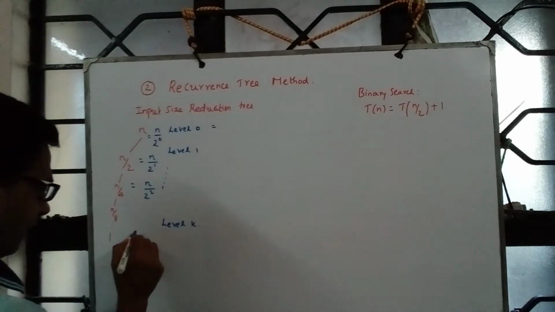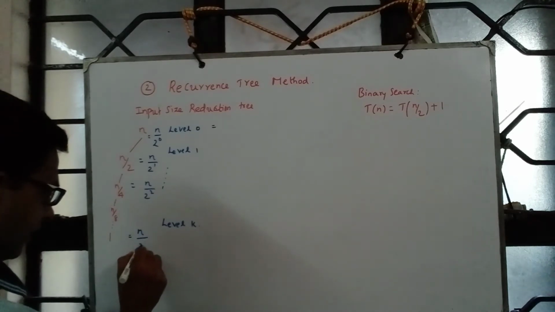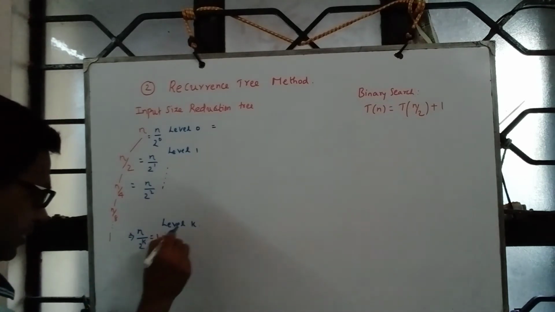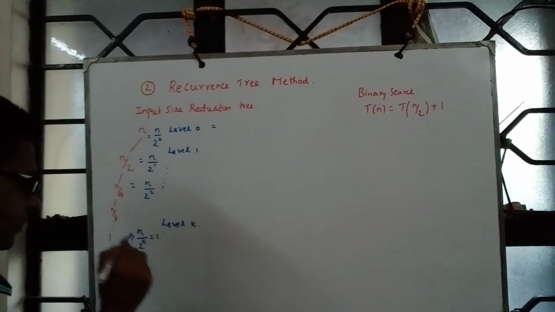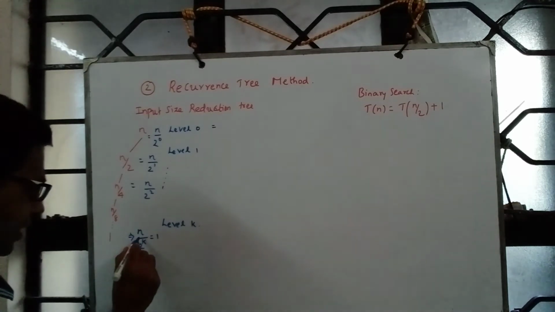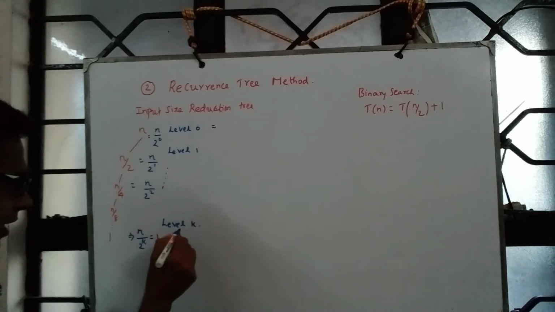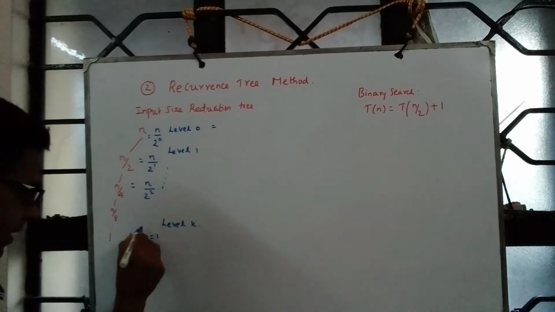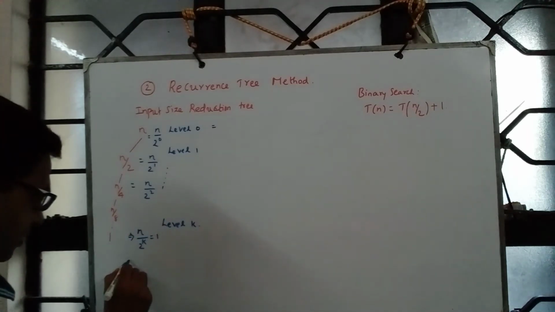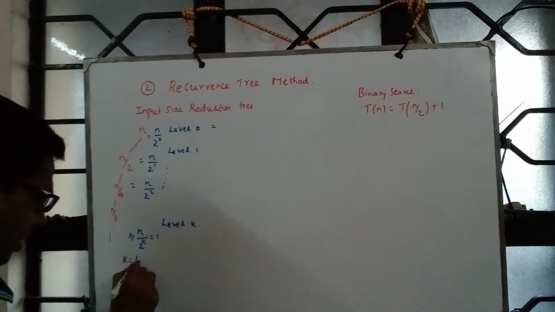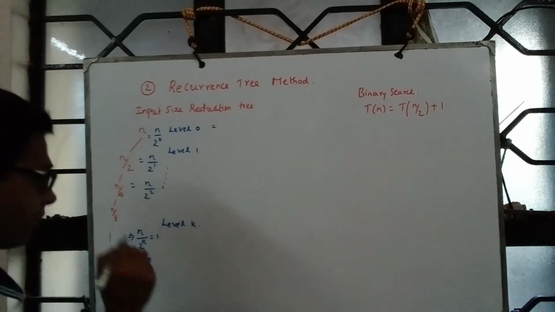And at level k what happens, it becomes 1. So it is basically n by 2 power k is 1. At level k, problem size becomes 1. Because it is 2 square, 2 cube, then at level k it is 2 power k, so n by 2 power k is 1. So that shows that n is equal to 2 power k, k is log n base 2.